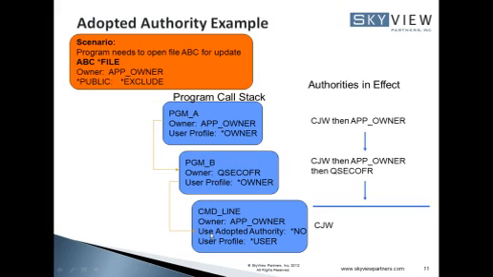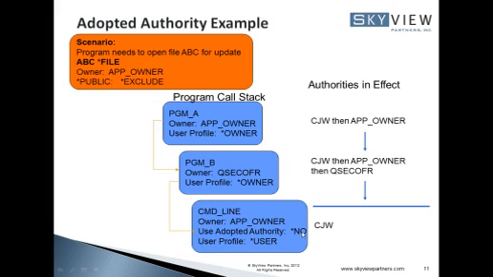And here's where that use adopted authority comes in. Use adopted authority is set to no. By default, it is set to yes, but in this case, we've changed it and it's no. What that does is basically, see this blue line across, this is the authorities that are in effect.